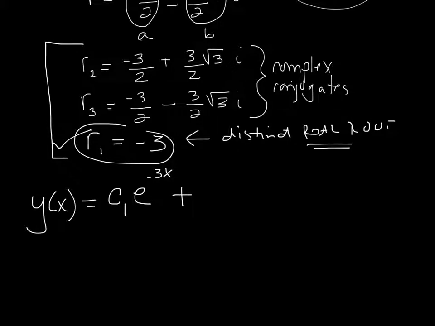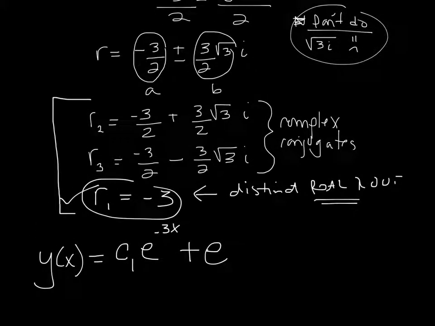Plus, and these are complex conjugates, so my complex conjugate pair, I'm going to be using theorem 3, my complex root. So e to the ax. What is my a? My a, from above, is just negative 3 halves. Here's my a, and here's my b.